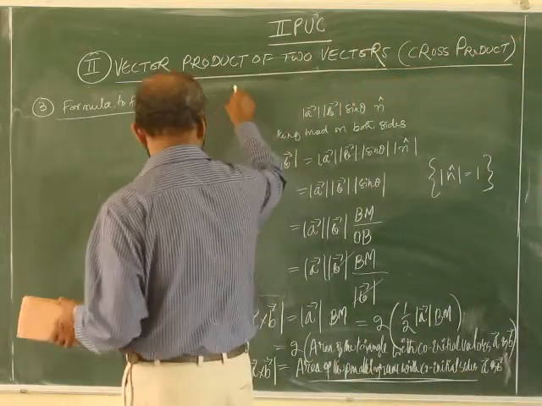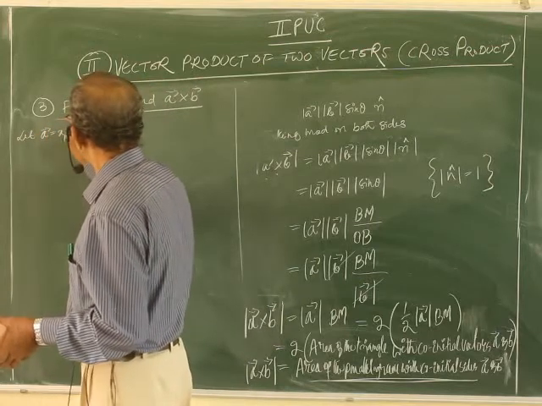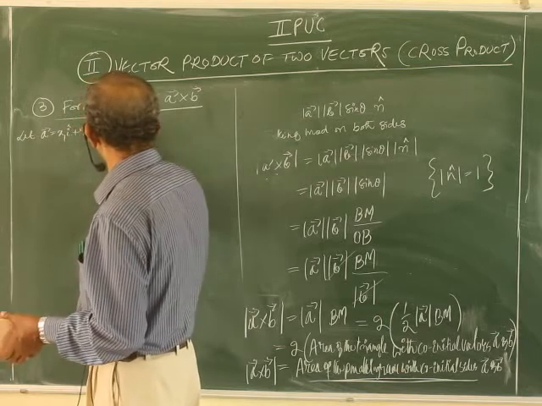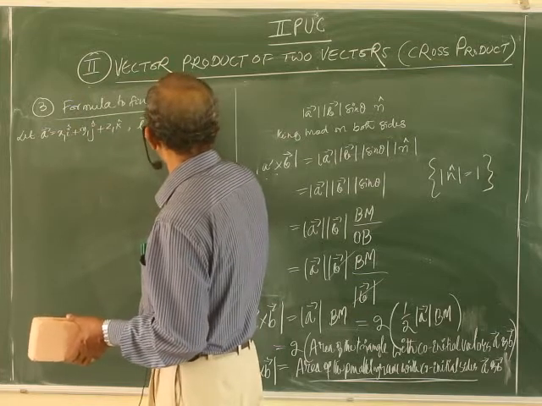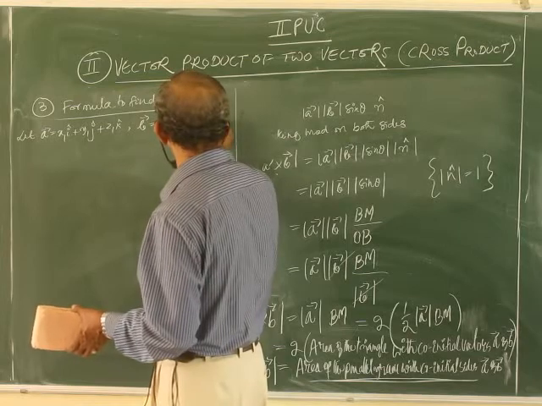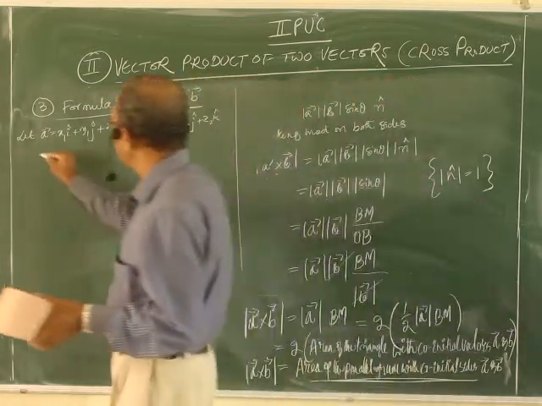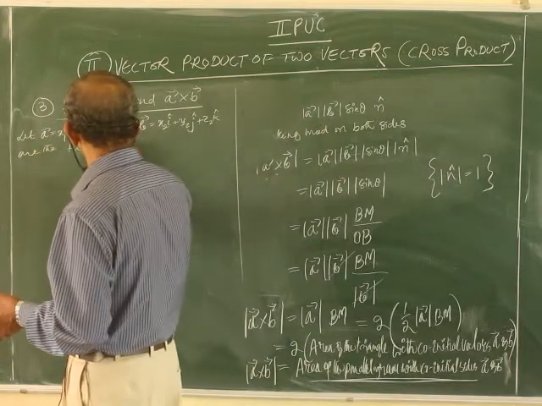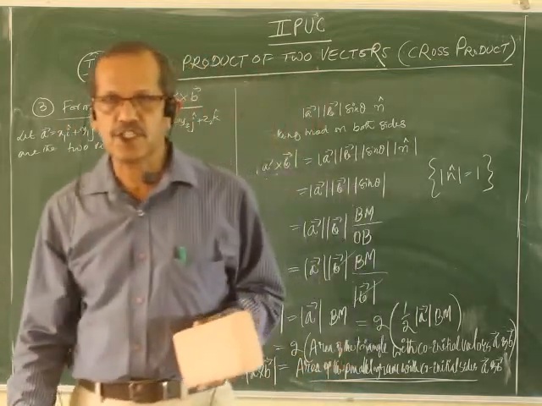Let A equal to x1i plus y1j plus z1k, B equal to x2i plus y2j plus z2k are the given 2 vectors.